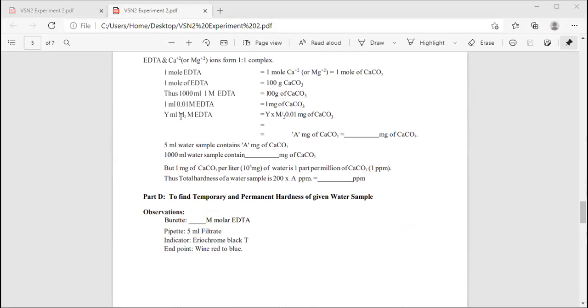So 5.2 into 0.0018 into 1 divided by 0.01 will be your milligram of CaCO3 equivalent hardness present. How much is it?